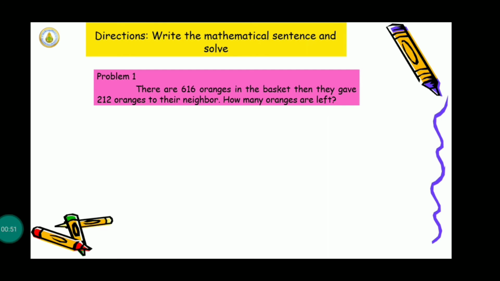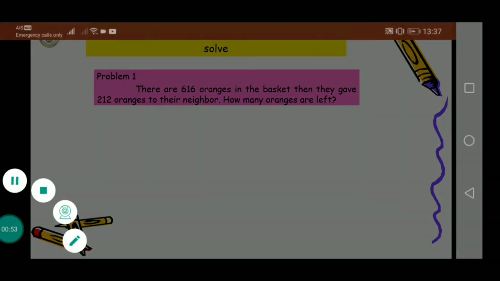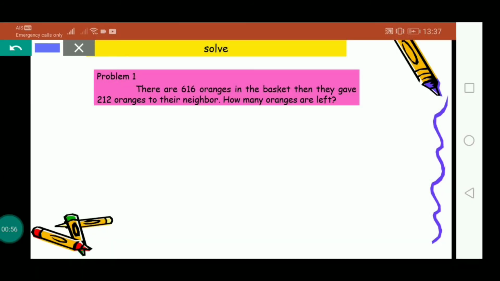Again, let's read together. There are 616 oranges in the basket, and then they gave 212 oranges to their neighbor. How many oranges are left? Let's solve the problem.